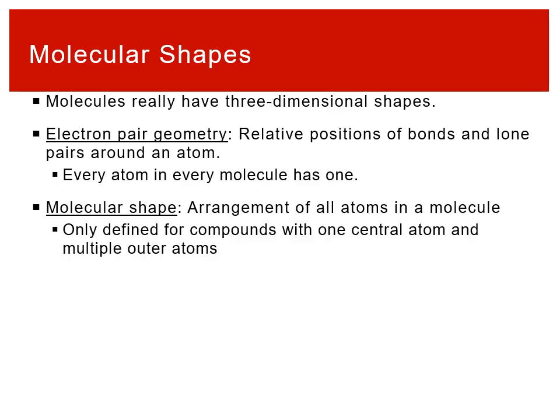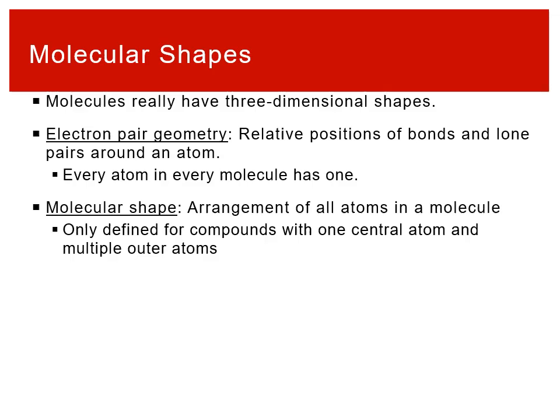Electron pair geometry is something that every single atom in every single molecule has. It's the description of the arrangement of things around that one atom. Molecular shape then describes all of the atoms in one molecule. So this would be a characterization where we say this molecule has one shape.